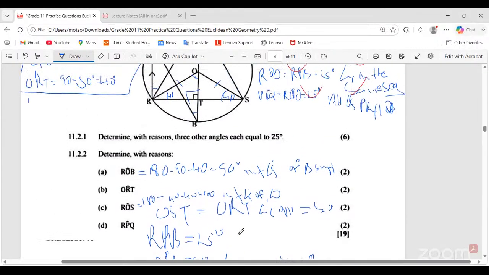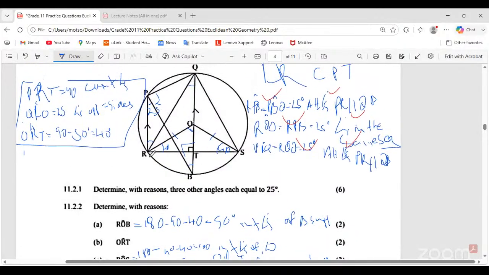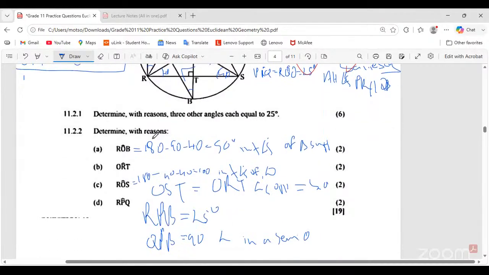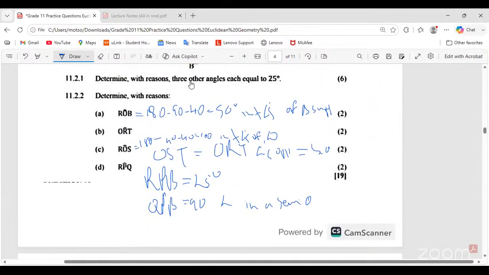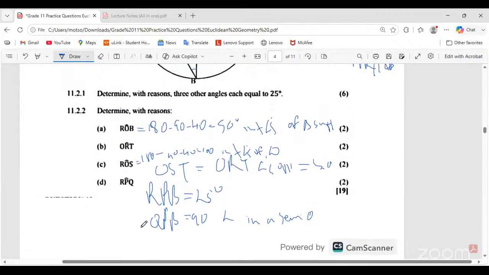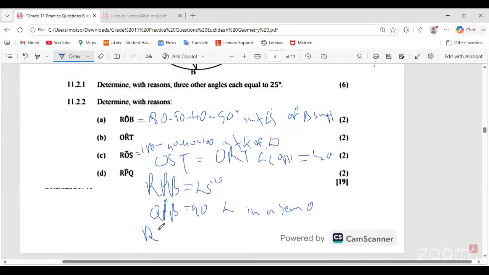Angle in a semicircle. Therefore, RPQ is the sum of this 90 and that 25. So 90 plus 25 gives me 115. So angle RPQ is equal to 115.